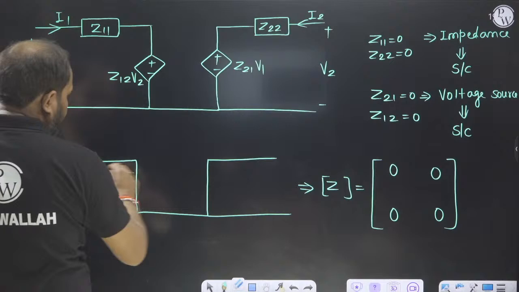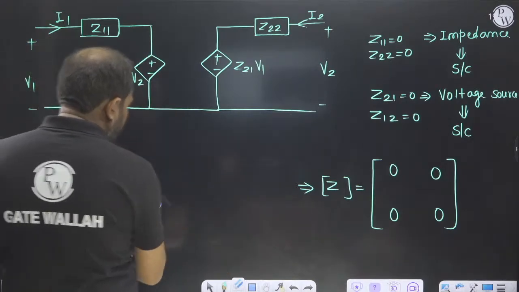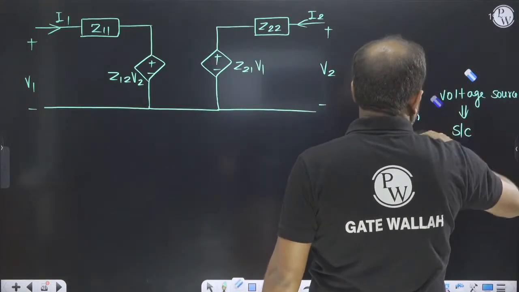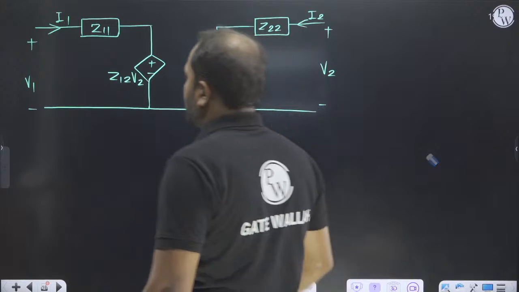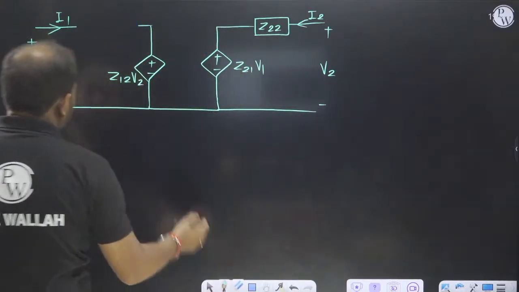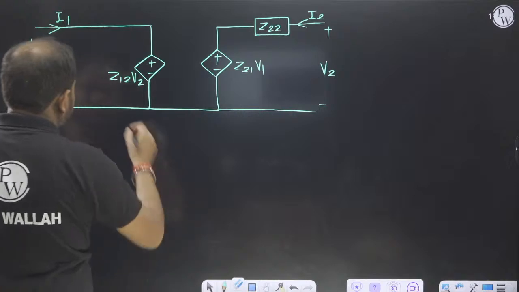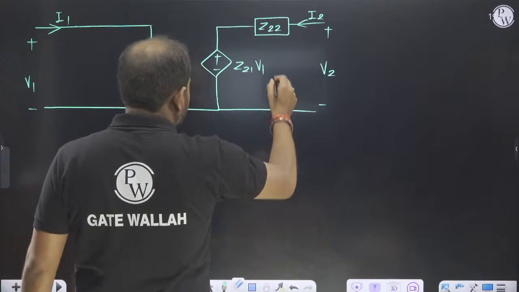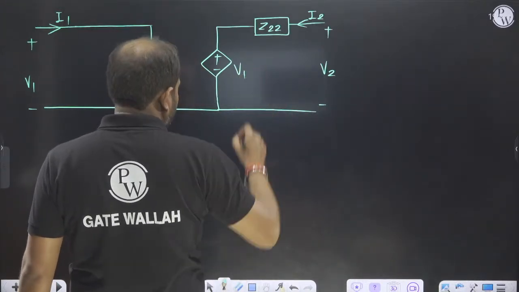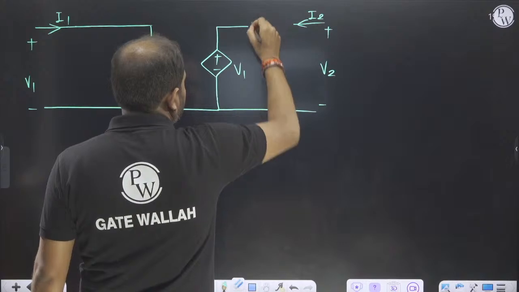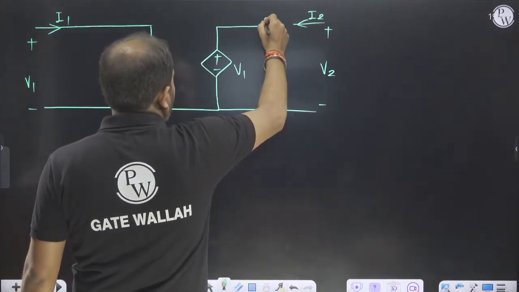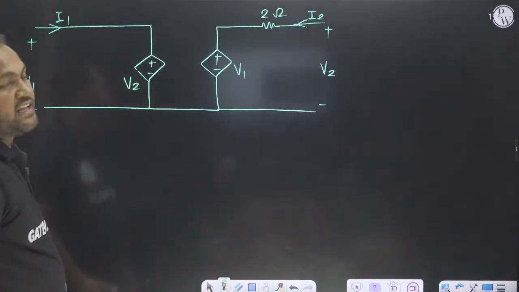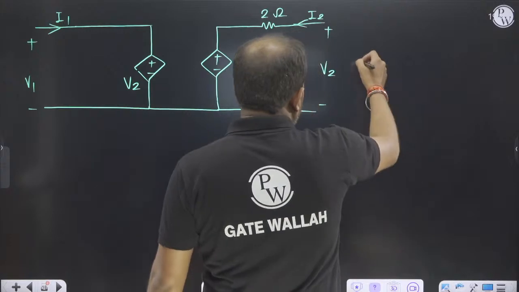What is given? We have been given a circuit like this, and they are asking for the Z parameter. So what is the Z parameter?